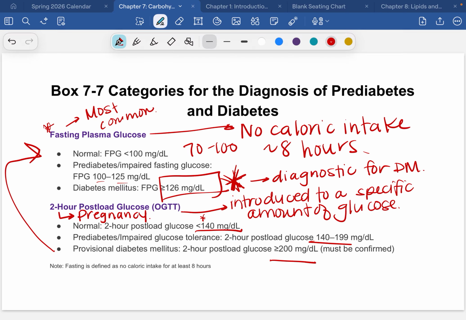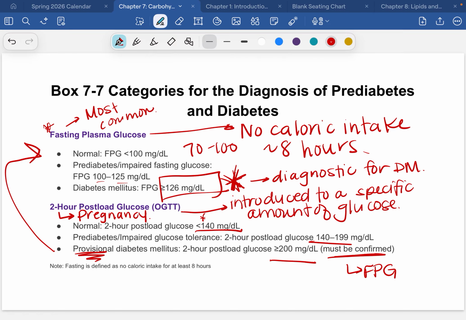Prediabetes or impaired glucose tolerance is a 2-hour post-load glucose of 140 to 199, and a 2-hour post-load glucose of greater than 200 milligrams per deciliter is what we would call provisionally diagnostic. As we talked about before, this result does need to be confirmed with a fasting plasma glucose test.